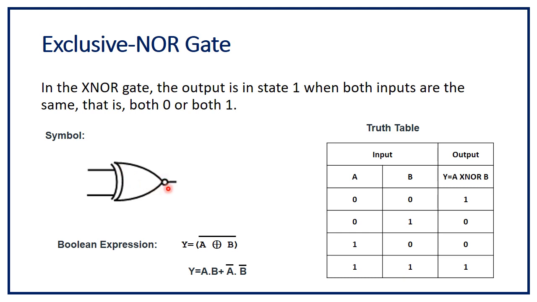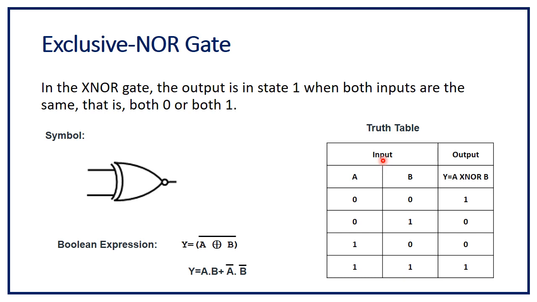Here we have just added a bubble in front of the XOR gate, so it becomes a XNOR. Again, this is XOR plus NOT. Here the boolean expression: Y is equal to A XOR B and its complement. We can also write this expression in another form: Y is equal to A dot B plus A bar dot B bar. This is the boolean expression.